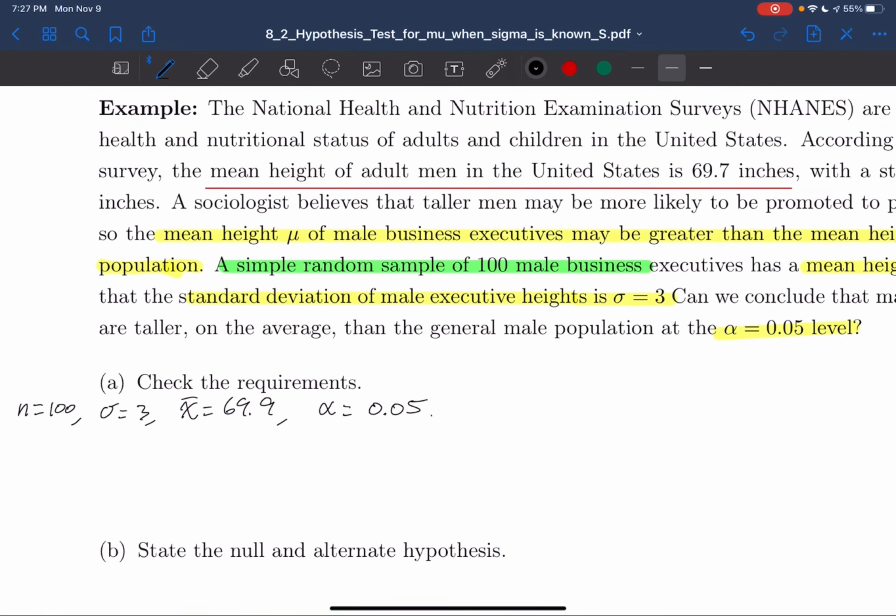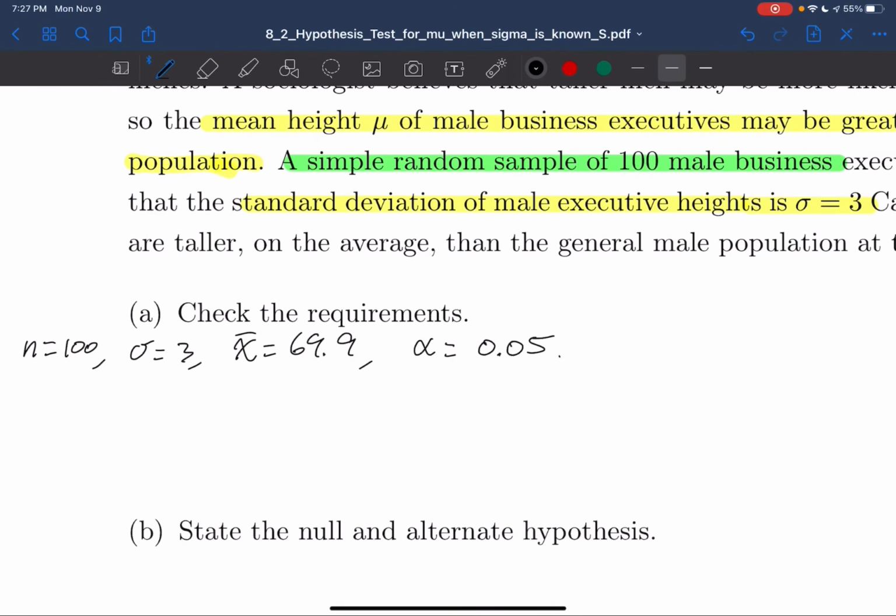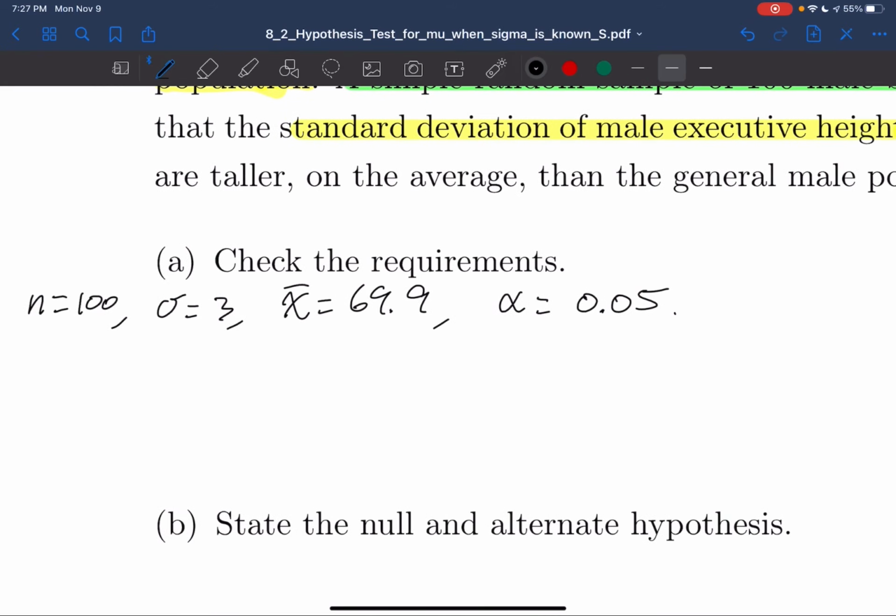Cool. Now we want to check our requirements, like do they satisfy? Notice that our sample size n is equal to 100, which is greater than 30. So that means that our requirement is satisfied. So we're all good.